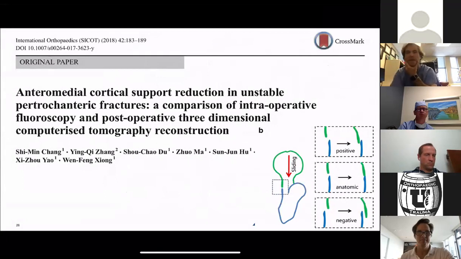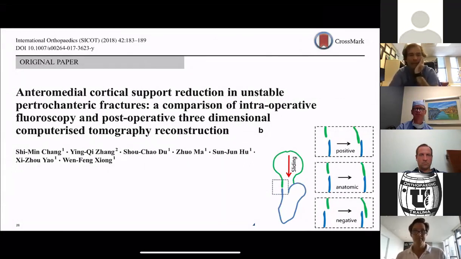So this is what I was talking about earlier about the problem with standardization of a lateral x-ray to collinearity: the trouble seeing the anteromedial cortical support reduction in unstable pertrochanteric fracture. So if we say the patient has a highly unstable pertrochanteric fracture with lesser trochanter and posterior medial buttress involvement, and the anterior aspect of the head and neck does have a spike which matches the spike on the shaft fragment, albeit small, that may be the only point at which you're going to get load sharing with these sliding devices.